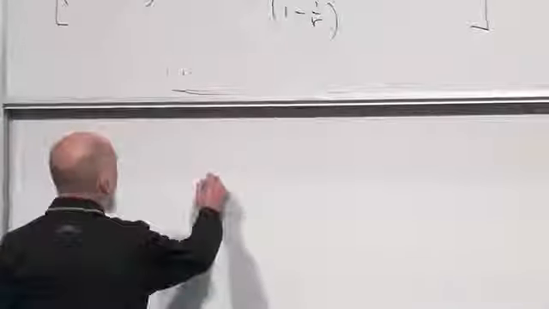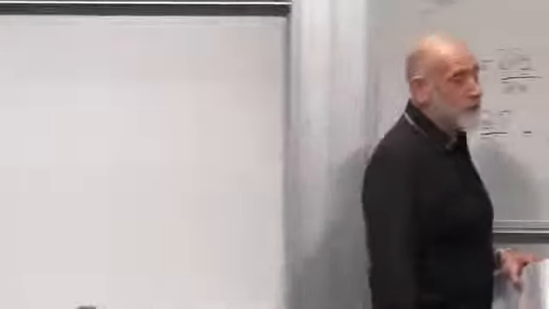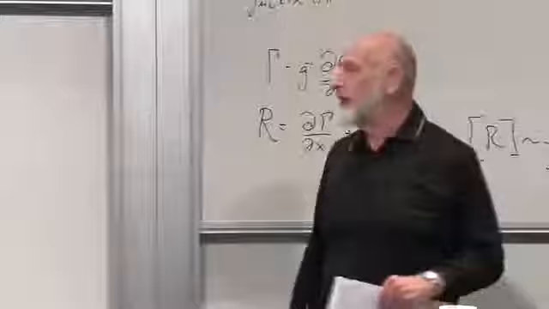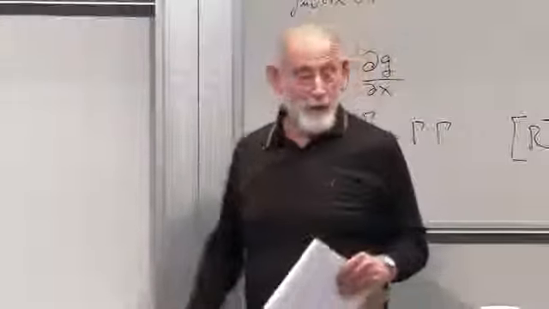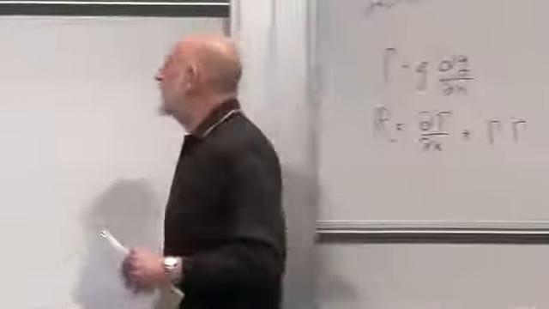I want a new coordinate now. I apologize for the fact that we keep changing coordinates, but that's what relativity is all about, changing coordinates. We're going to introduce a new coordinate to replace r.